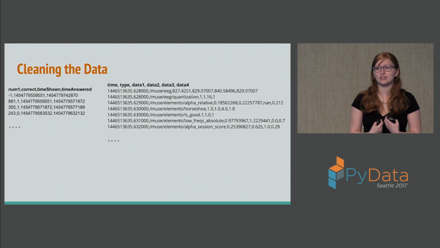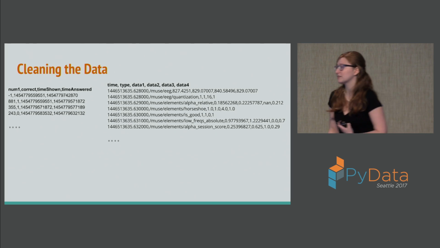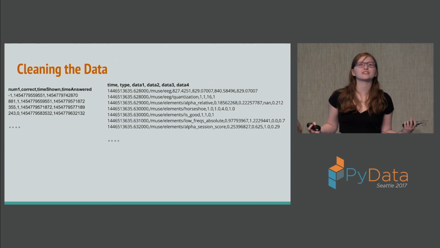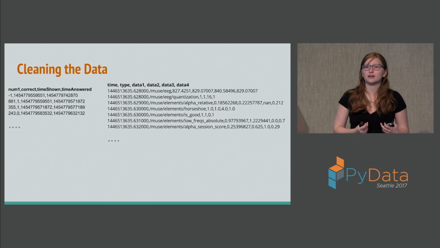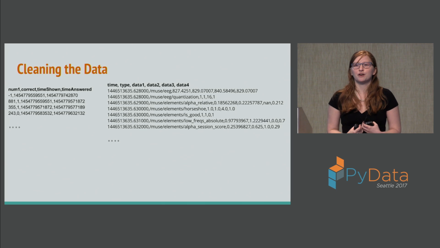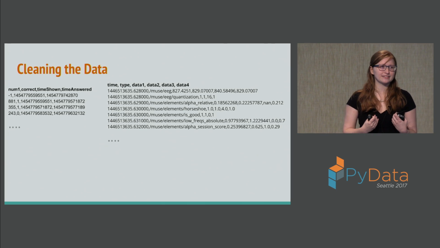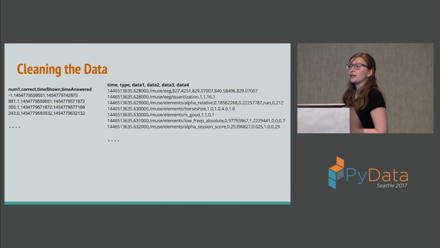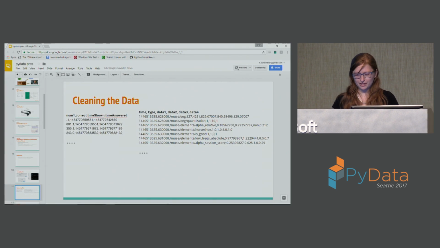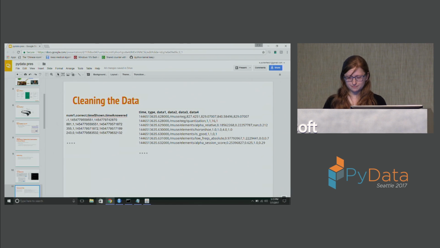But I needed to merge this and just pull out the information I wanted. So I wanted to visualize this. I didn't know exactly what's in this data or what's going on with this. So RStudio is kind of my go-to when I want to do visualization, and especially because ggplot is so strong. So we're actually going to head into RStudio now.